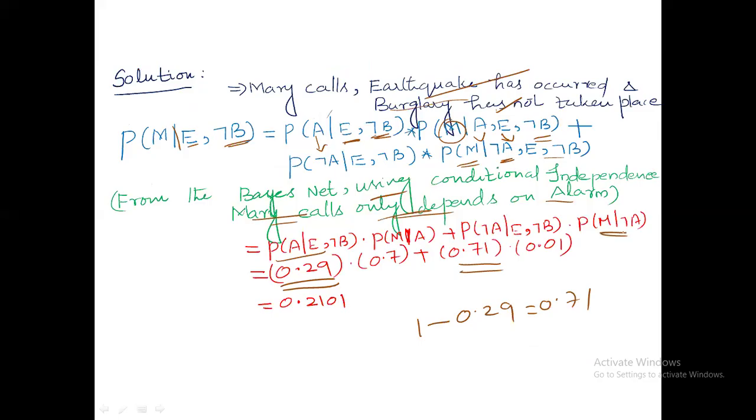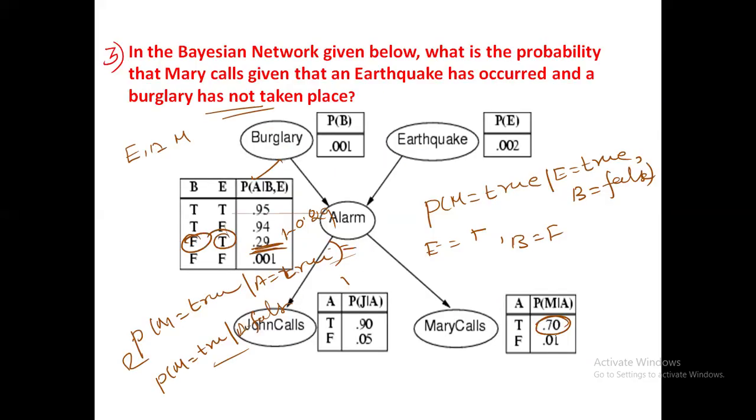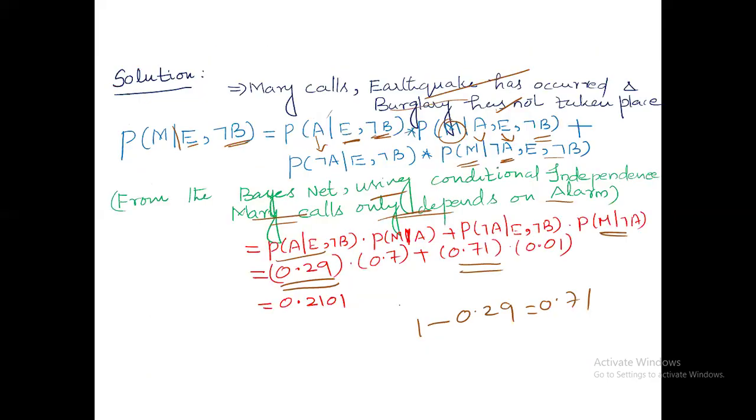Here Mary calls but the alarm is not ringing, the false condition, is 0.01. If you substitute all these values, we get 0.2101. So in this question we have to understand very clearly: Mary calls when the earthquake had happened and the burglary has not taken place. You get the value 0.2101.